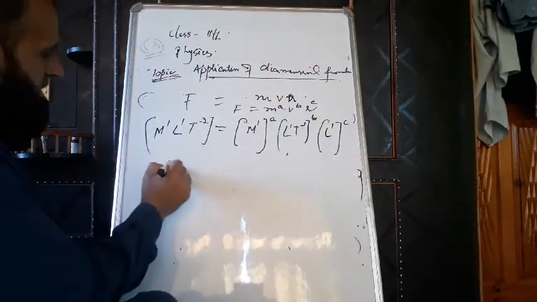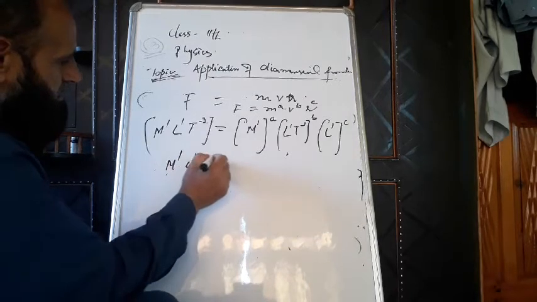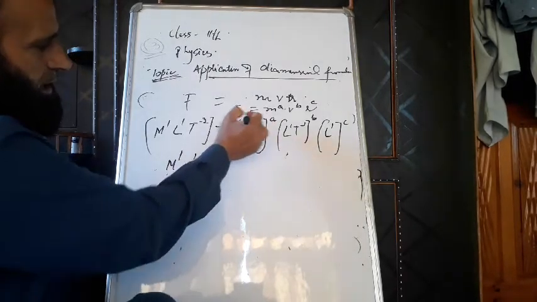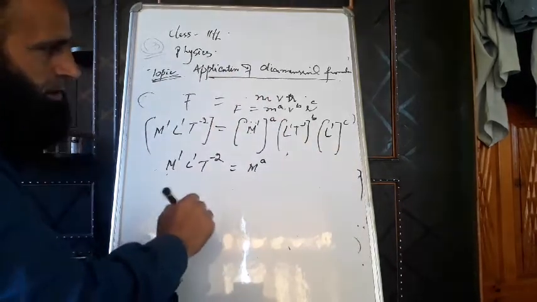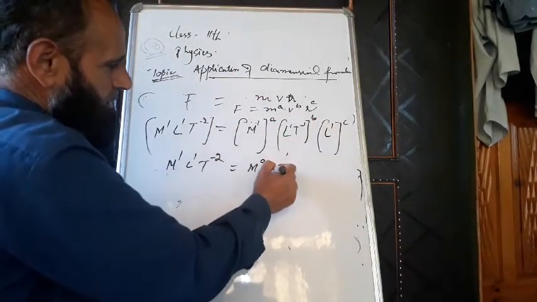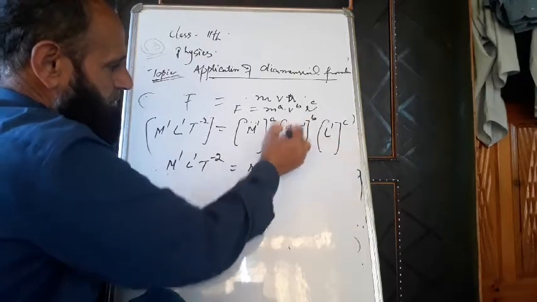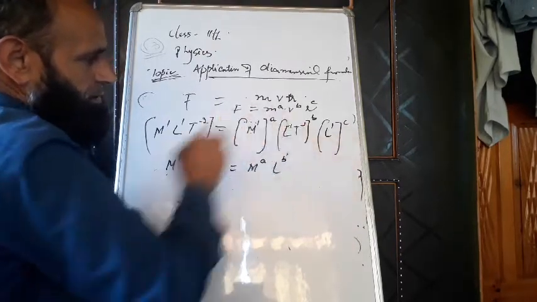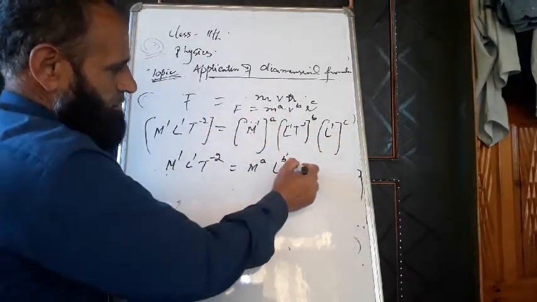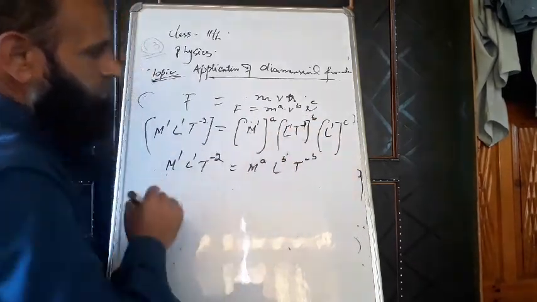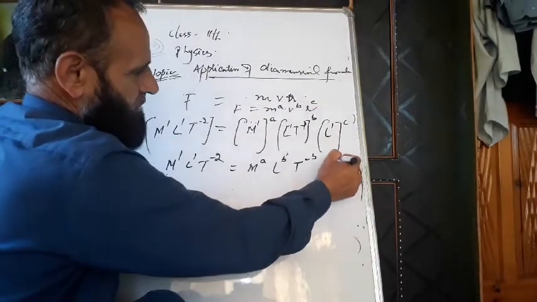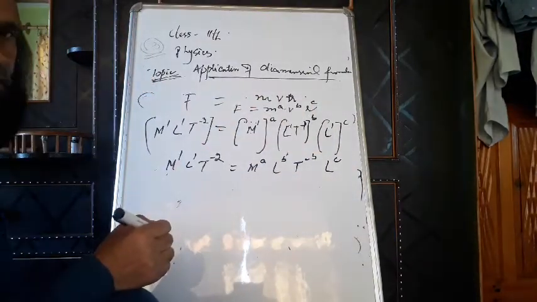Okay, M1 L1 T minus 2 is equal to M raised to a, into L raised to b, and T raised to minus b, into L raised to c.